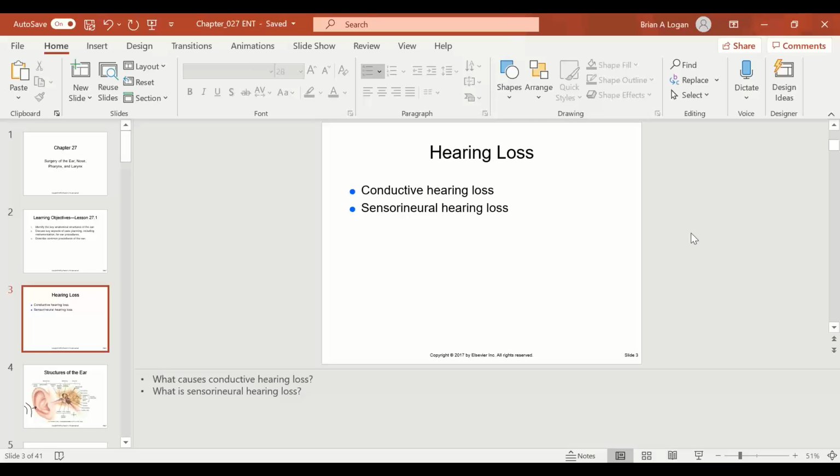So when we're talking about conductive hearing loss, there's either significant damage to the tympanic membrane or the eardrum, because the eardrum is connected to another piece in the middle ear, which is then connected to another piece.